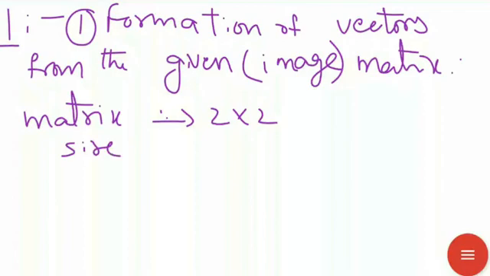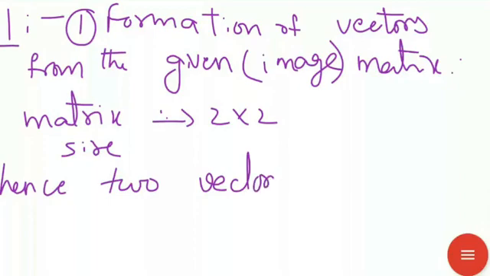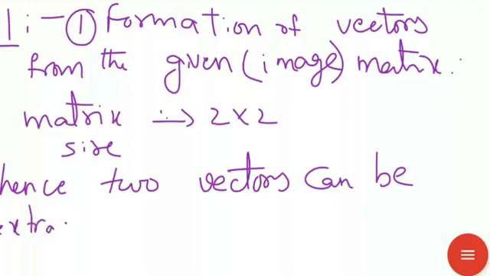Now here, how many vectors will be formed here? 2 vectors. Hence 2 vectors can be extracted from the given matrix.